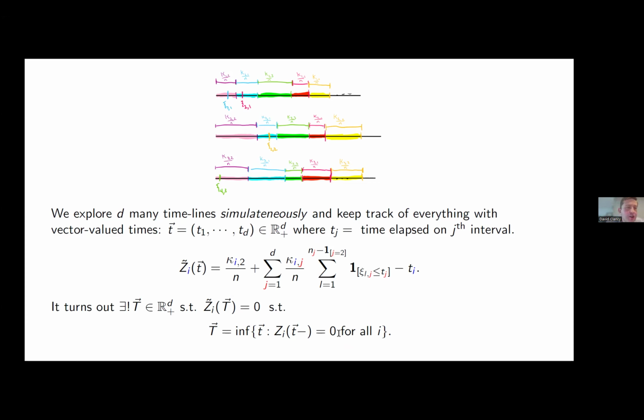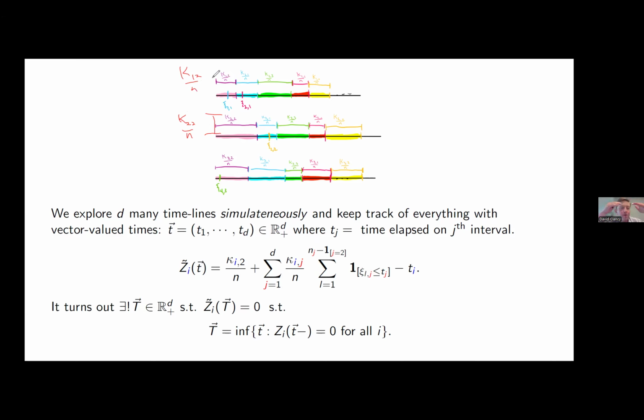And it's not too hard to convince yourself that something like this should be true. And why is that? Well, think about what happens in the exploration. We start exploring, starting at height kappa 2,2 over n and kappa 1,2 over n.